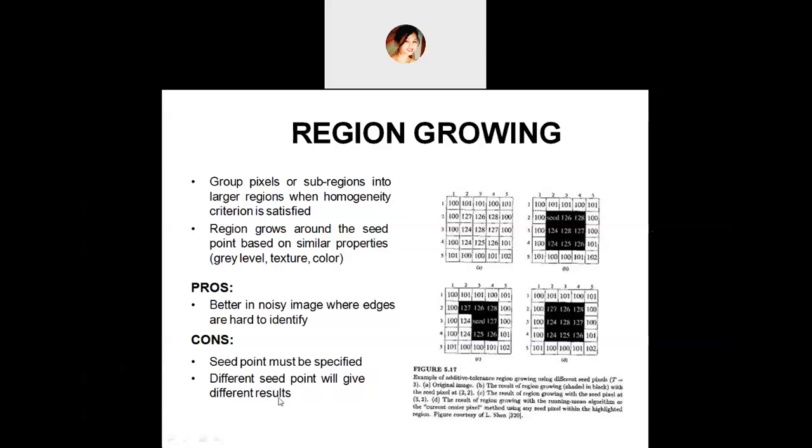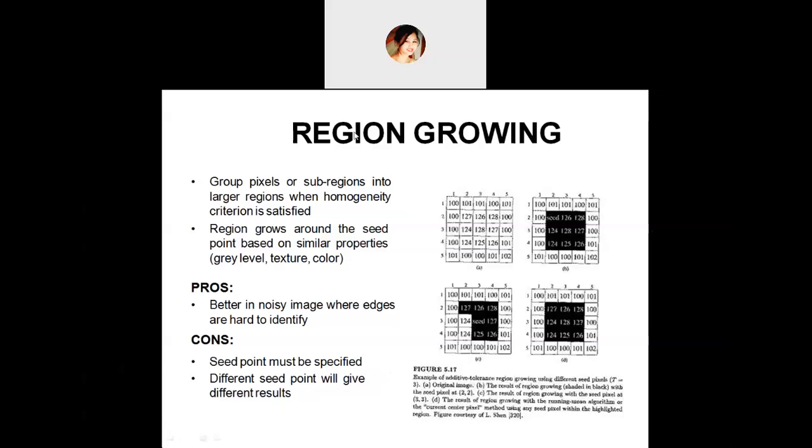But the disadvantage in region growing is that different seed points will give different results. Sometimes it is hard to identify the seed pixel as well, so they get different root pixels, and that also gives different results, right? So this is also a disadvantage.